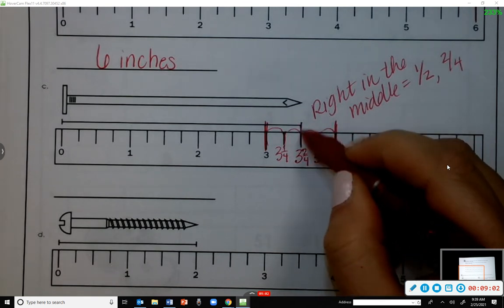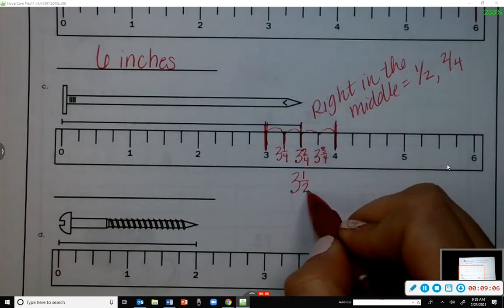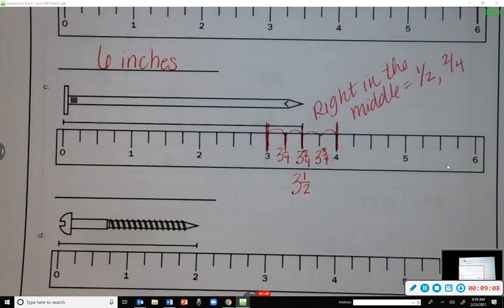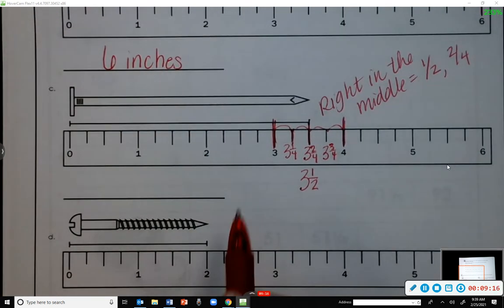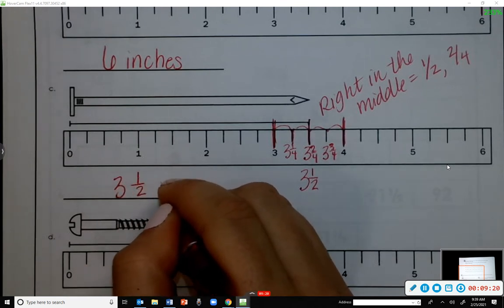But since it's right in the middle, we also say that's equal to 3 and a half. Okay, so the nail was 3.5 inches.